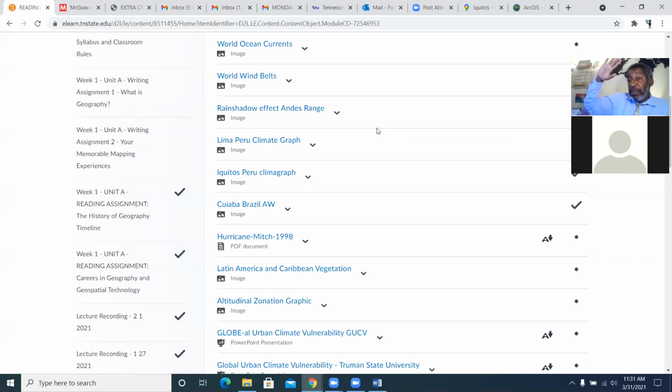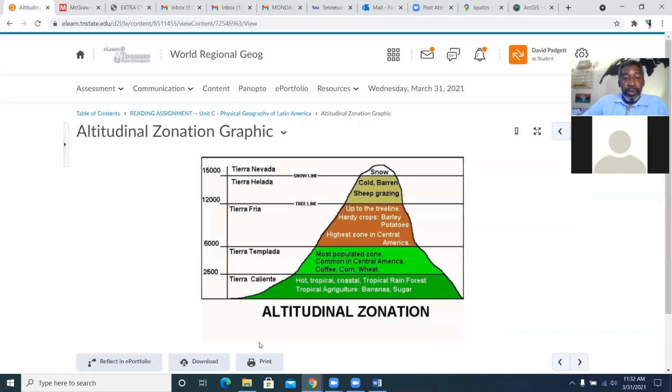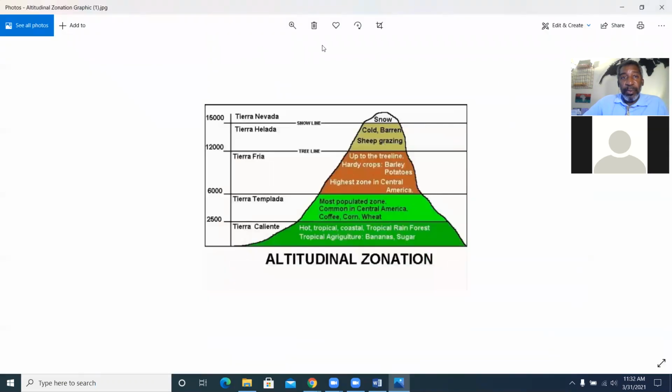The region is very mountainous, and human life is very much impacted by the mountainous nature of the topography, as is the vegetation. And so we'll look at this simplified altitudinal zonation graphic here to start, and then we'll look at the one that's in the textbook, which is a little bit more complex.